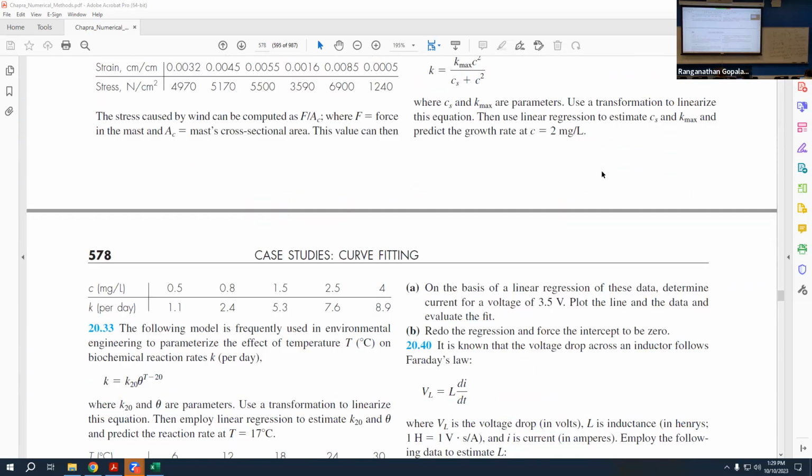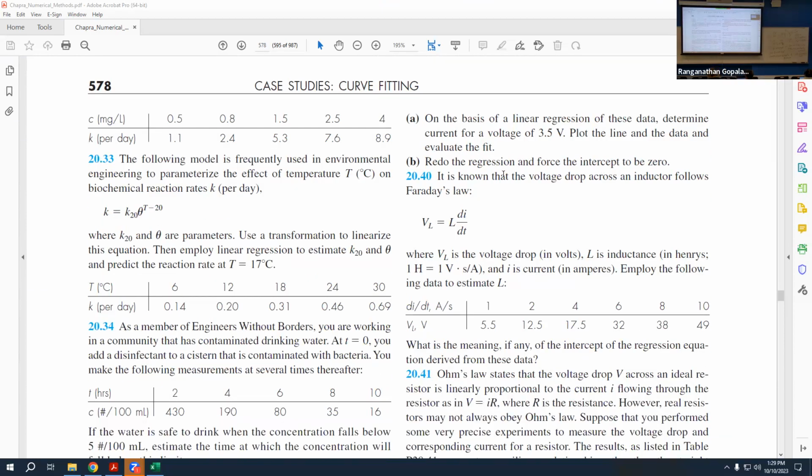This problem we already did. All right, so problem 20.33. The following model is used.